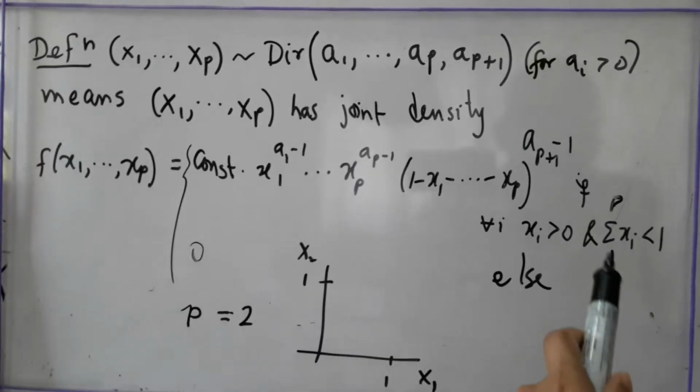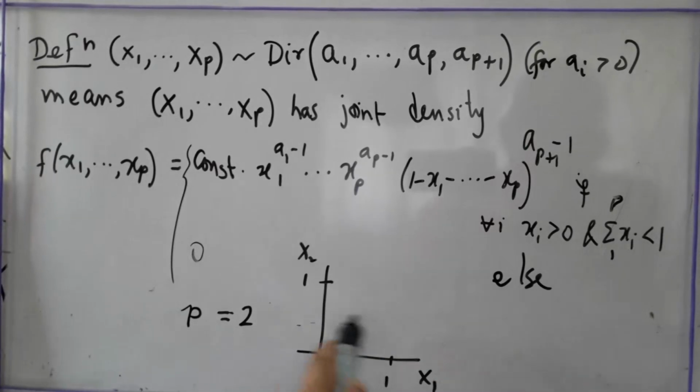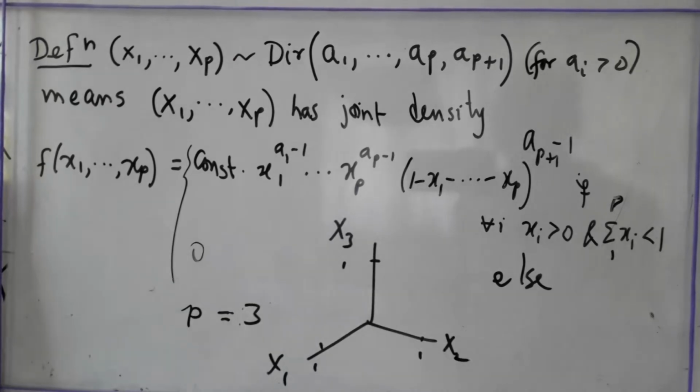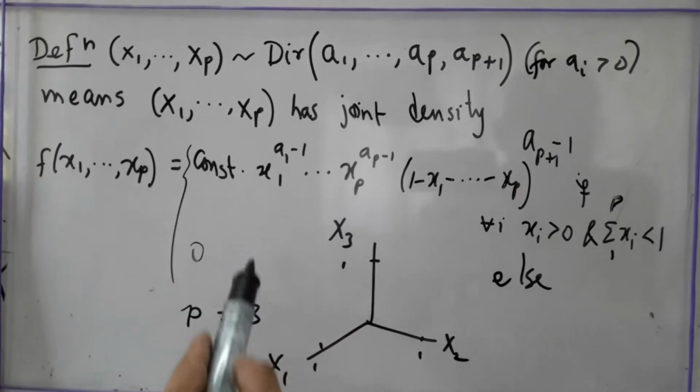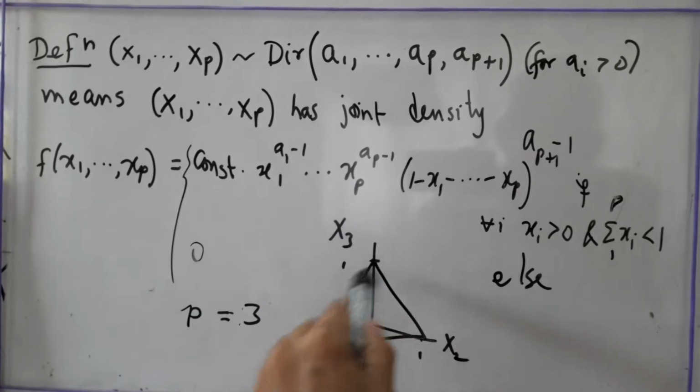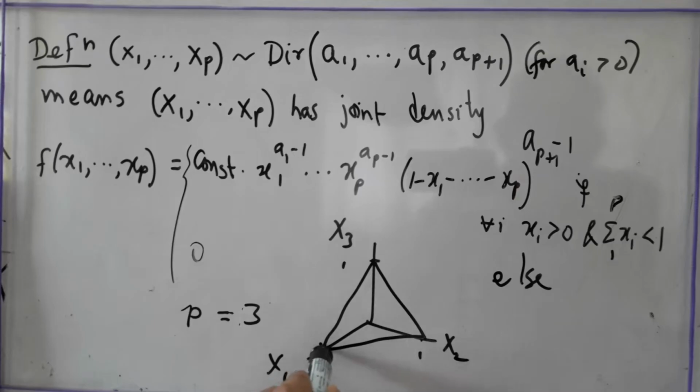Then the condition that X1 plus X2 less than 1 means the support is this little triangle. If we have p equal to 3, we have X1, X2, X3. In that case, it is this tetrahedral region with vertices (1,0,0), (0,1,0), (0,0,1) and (0,0,0).